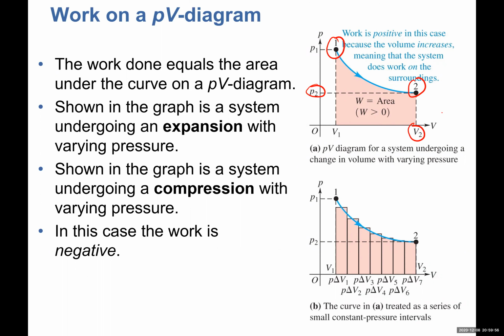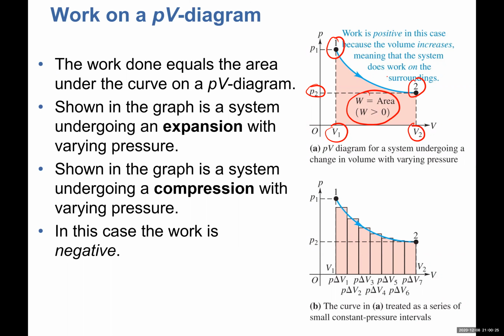One of the things we can see here is that the volume increased as you go from state one to state two. That means work was done by the molecules. It's a positive work done by the molecules to increase the volume, and in the process, the pressure decreases. Another way we can find the work done is by calculating the area under the graph.